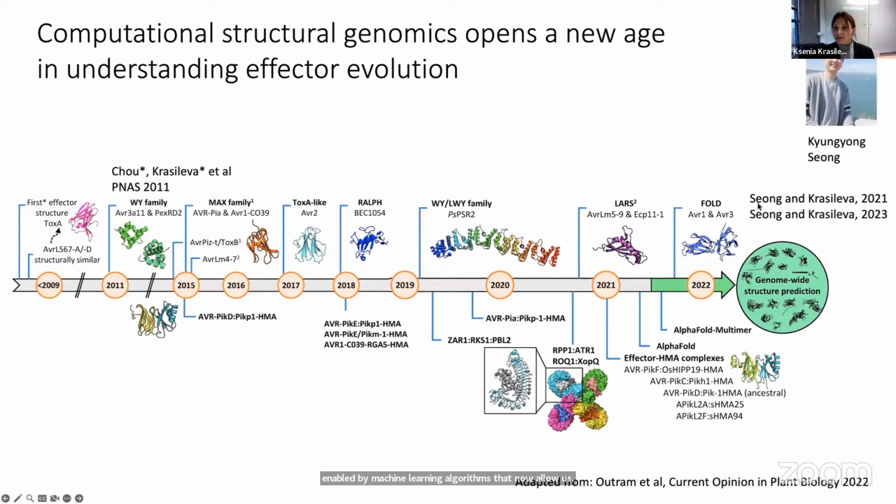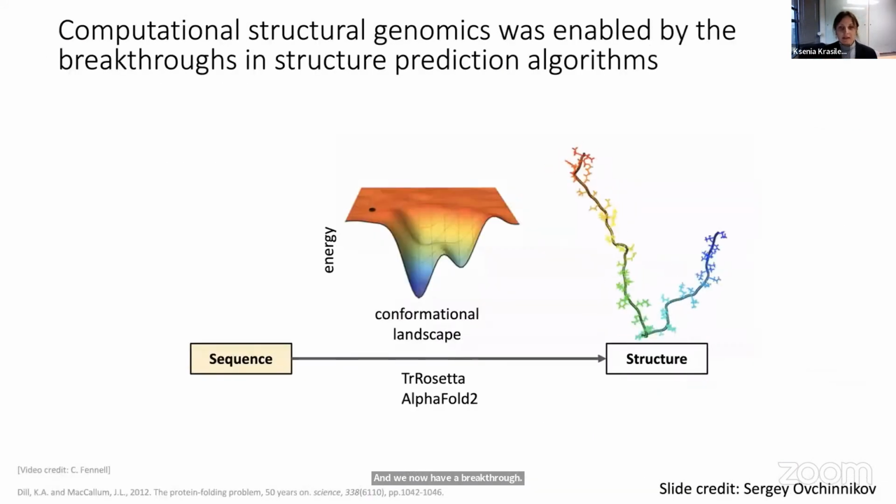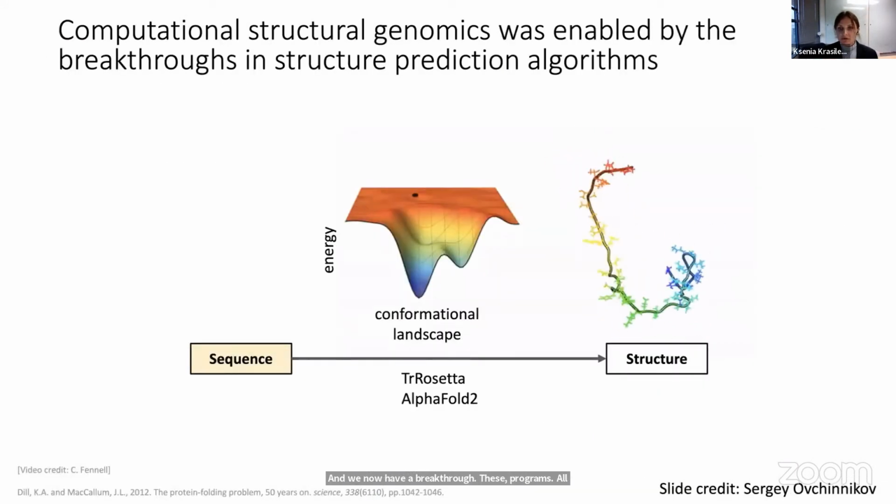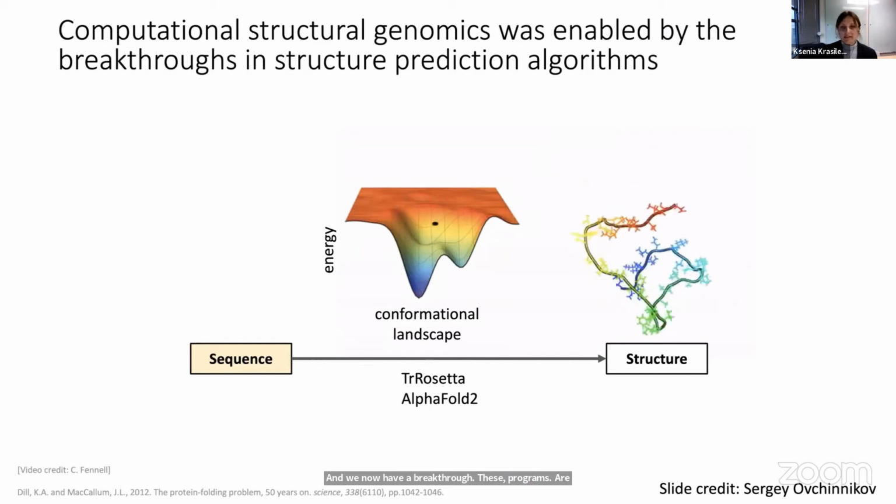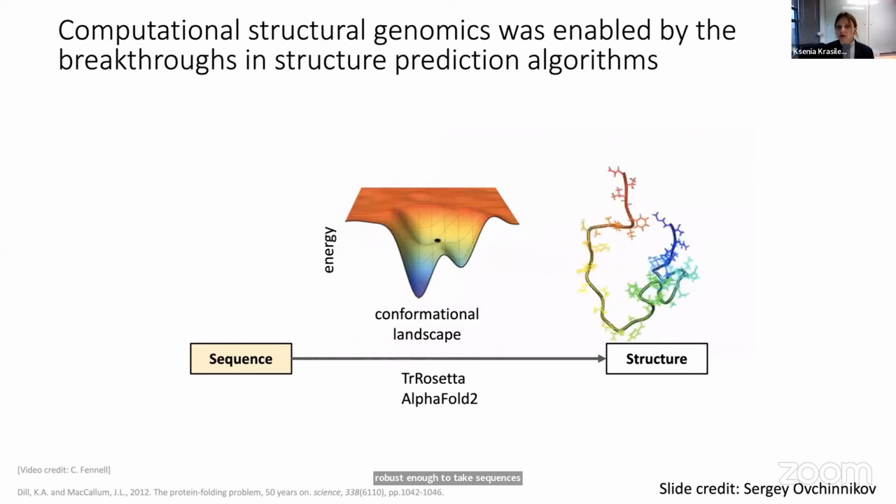And I want to highlight here that in my lab, this advancement in the field was highlighted to me by a PhD student, Kunyang Seong, who came to me in 2020 before AlphaFold was released. And she said, there's been a critical assessment of all of the programs, and we now have a breakthrough. These programs are robust enough to take sequences and predict structures.